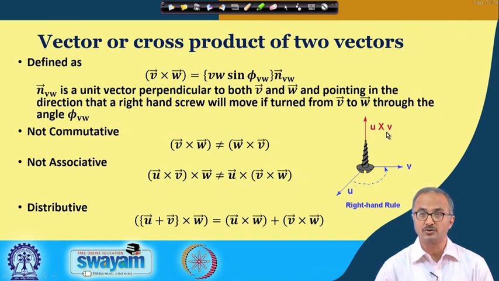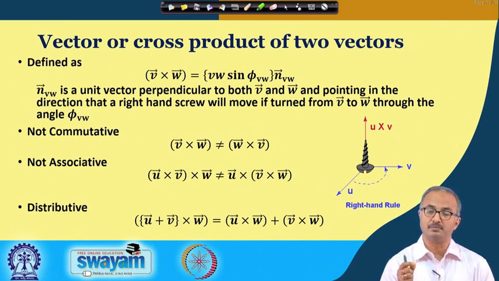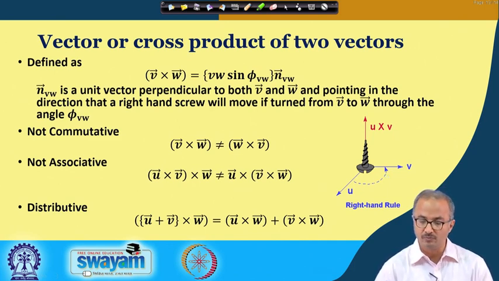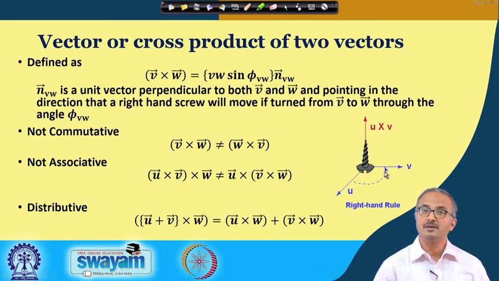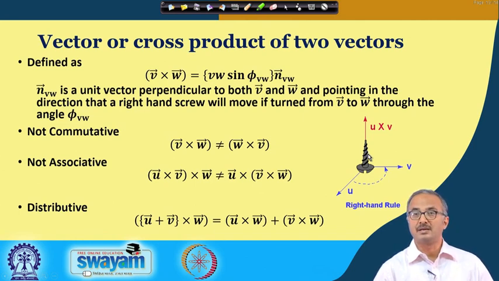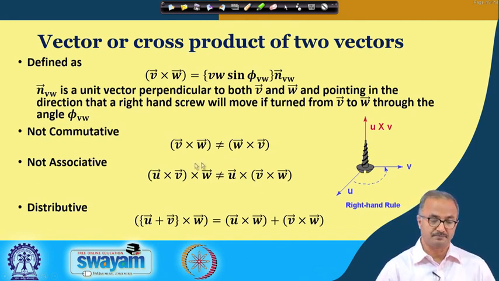If we make u cross v, then turning from u to v, as if you are putting in a screw, the screw will move inside. This will be the direction of the resultant vector u cross v, where the magnitude will be |u||v| into sine of this angle. This is how we see the direction and the magnitude of the cross product.